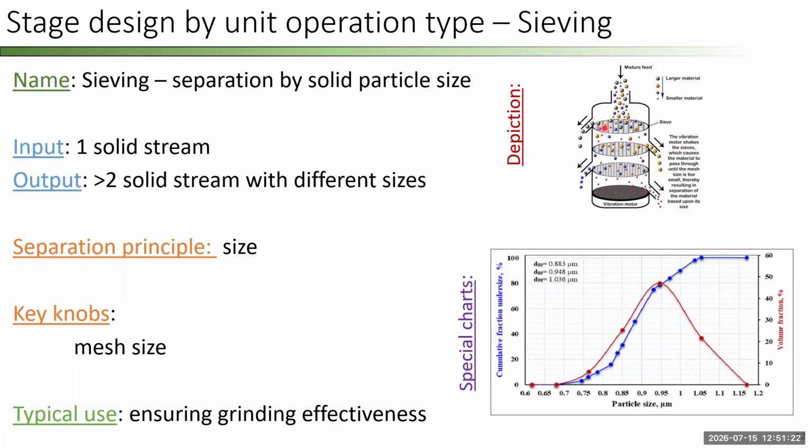So anything that maybe is overly large will be sent back for regrinding, and anything that's of our desirable size will be processed. And then usually we end up with what are called fines. So these are particles which are really, really small that maybe we don't want to have in our downstream process. And those might be somehow gotten rid of, right? So those fines would be a loss of our material.